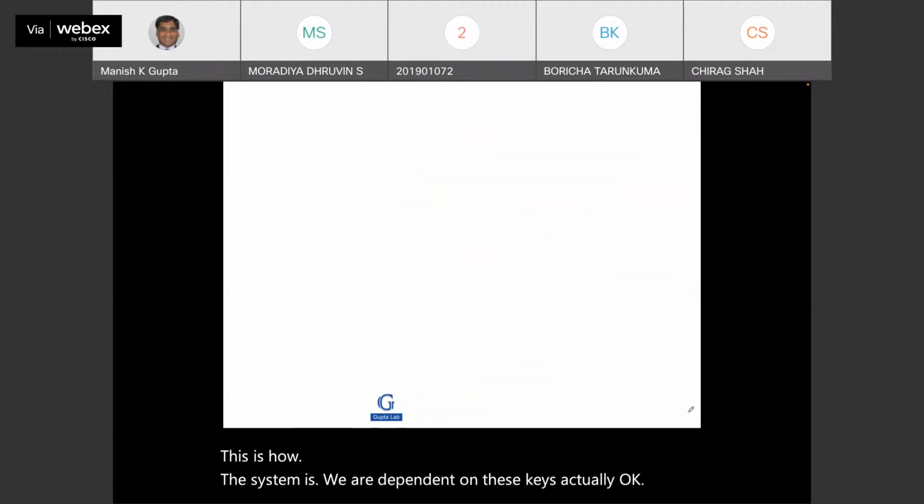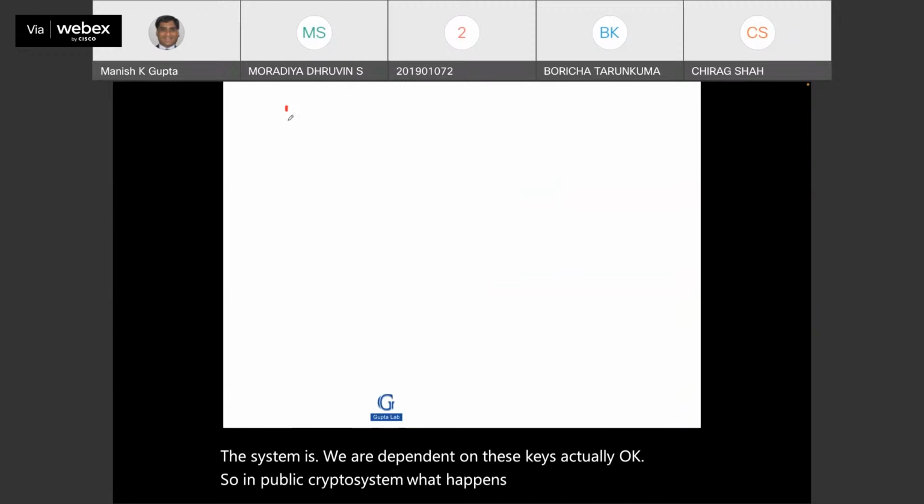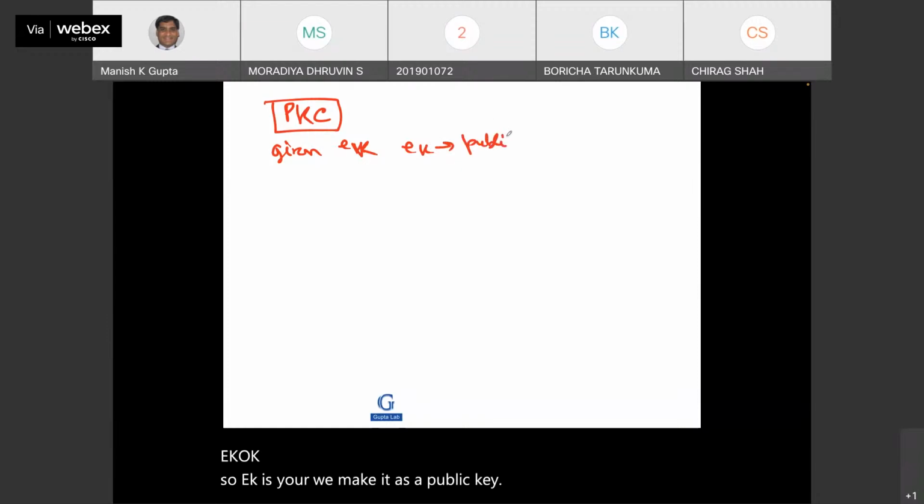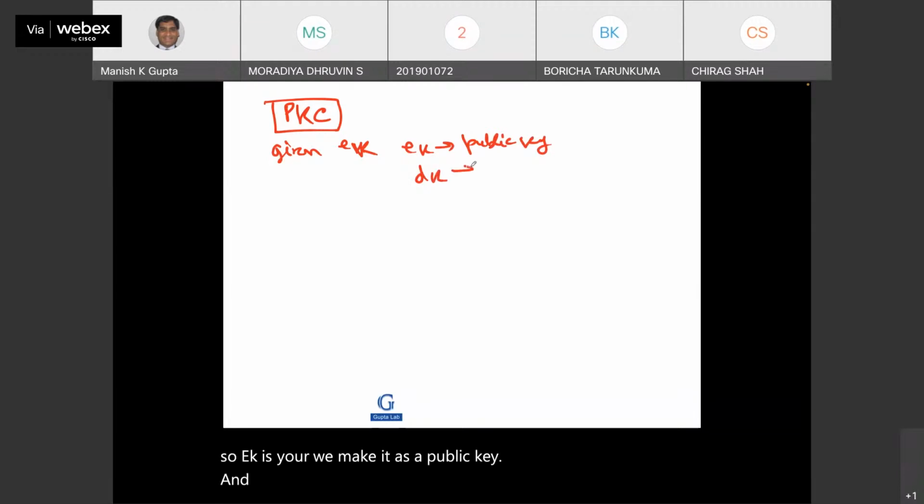So in public key crypto system, what happens now? In PKC, given the encryption rule EK, we make it the public key, and the decryption rule DK the private key.